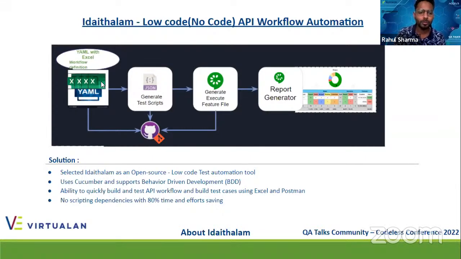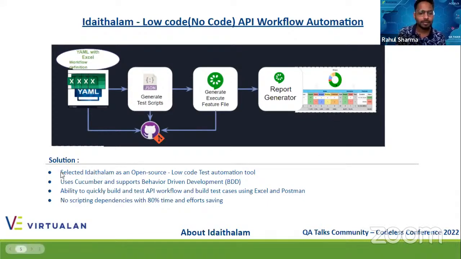The workflow needs to be created in Excel, and then it will generate the test scripts and the feature file. Once the feature file is generated, it will execute those feature files and generate the report, a very good looking Cucumber HTML report. We will come to that part, how the reports look and how it generates that report.